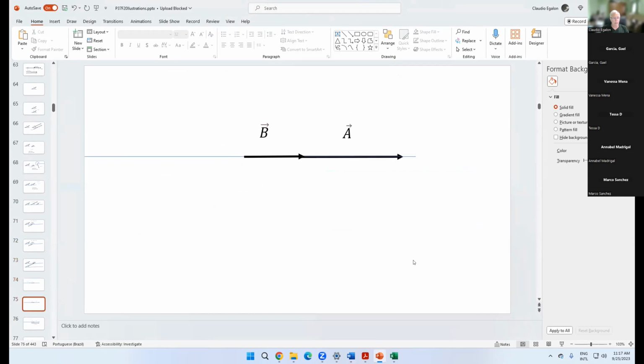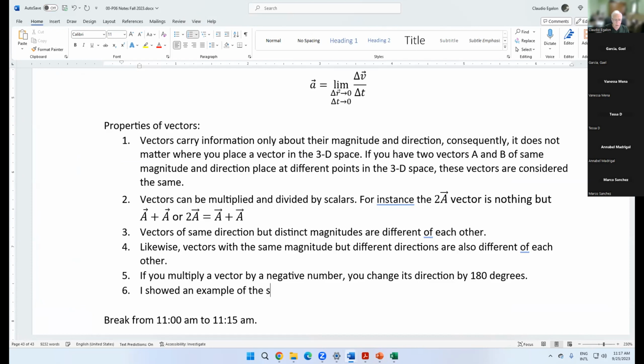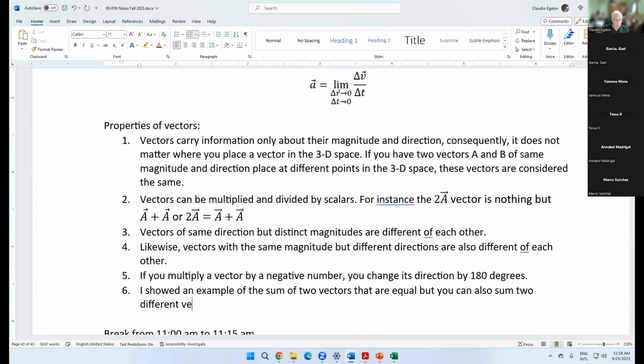Vectors A and B, you know, vectors can be summed, just like you saw before, right? We did the summation only for vectors that were equal. I showed an example of the sum of two vectors that are equal, but you can also sum two different vectors, okay?